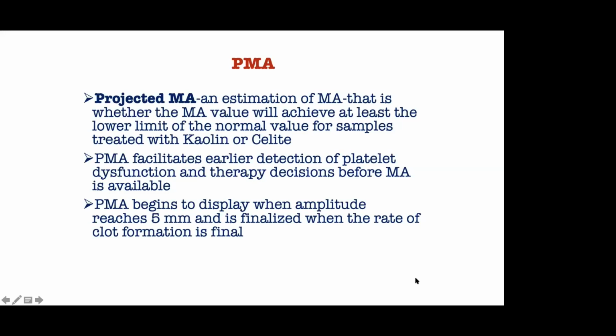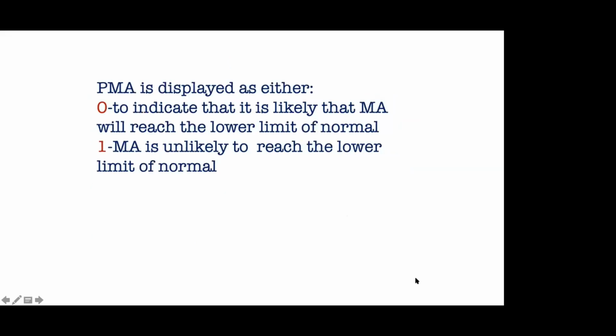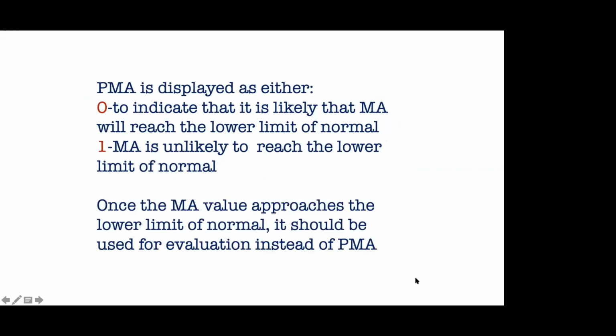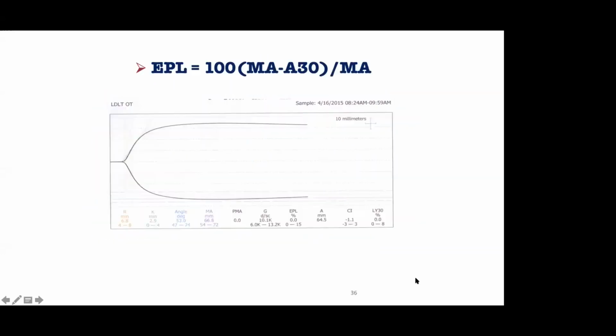PMA is projected as either 0 or 1. PMA is displayed as 0 to indicate that it is likely that MA will reach the lower limit of normal, or 1 if MA is unlikely to reach the lower limit. Once the MA value approaches the lower limit of normal, it should be used for the evaluation of the PMA. Here PMA is 0.